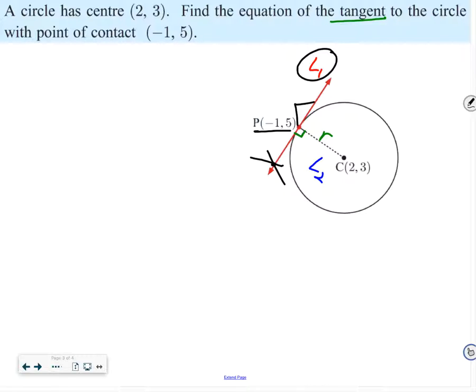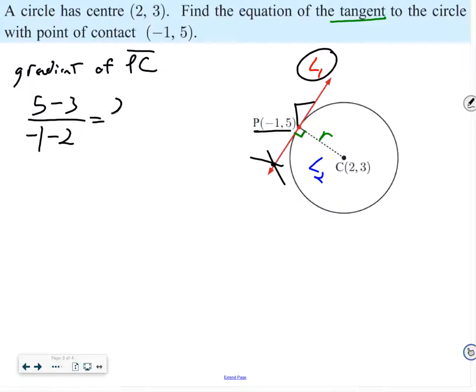So first, I'm going to find the gradient of the segment PC. So change in y, 5 minus 3, over change in x, negative 1 minus 2. So 5 minus 3, I get 2. I get minus 3. So this is the gradient of PC.